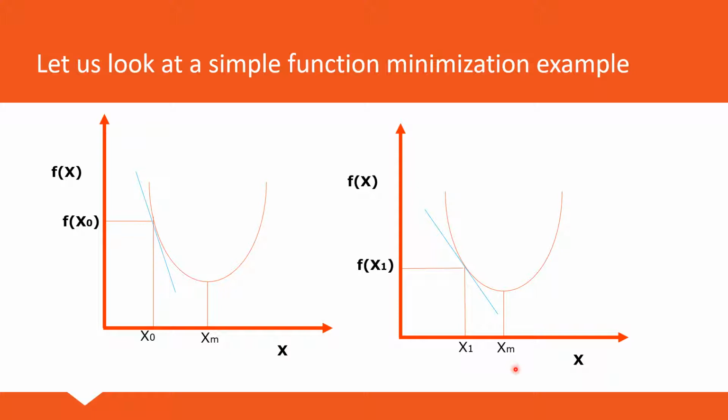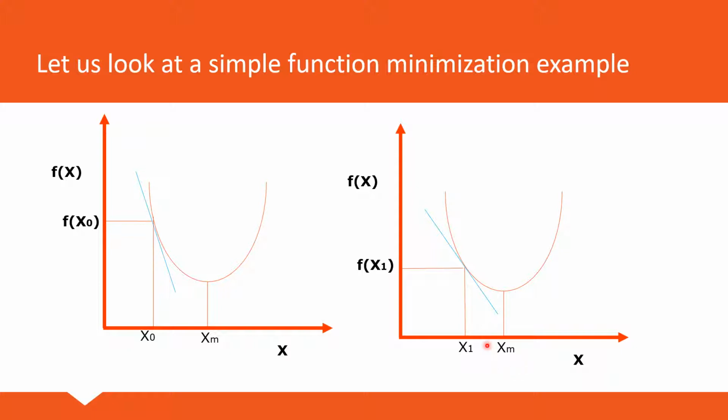For each such movement of x, we calculate the error or the loss function which I was talking of previously. We stop when we see that a further update of x does not improve the error or the loss function, which means that I have arrived at the minimum, right?